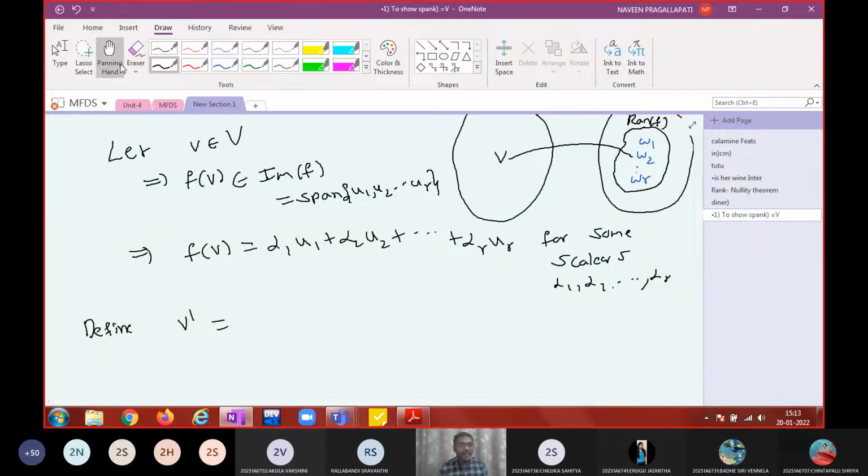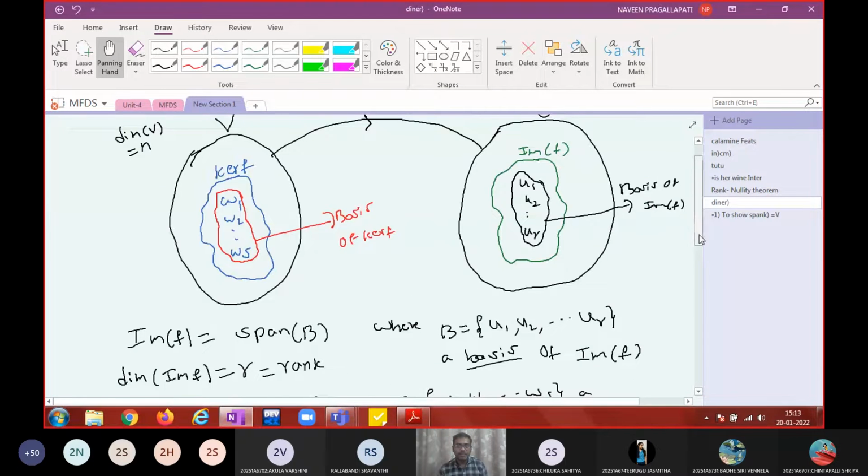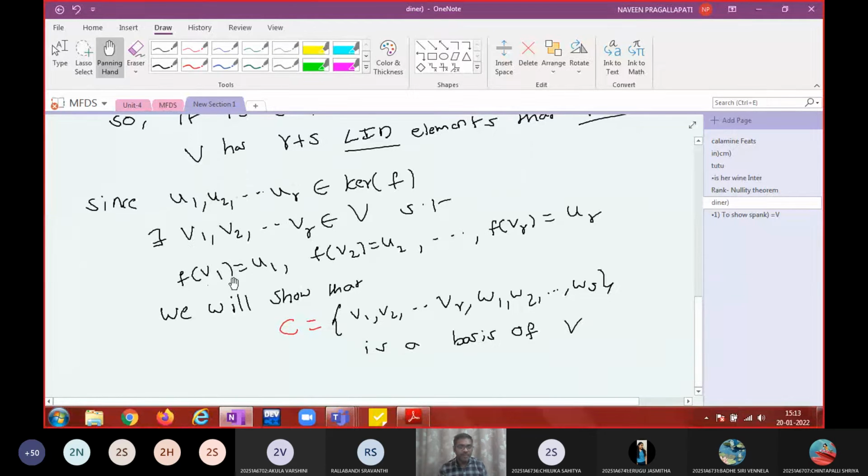What is the pre-image of u1? Can you tell me? What is the pre-image of u1? V1. Pre-image of u2 is v2, right?